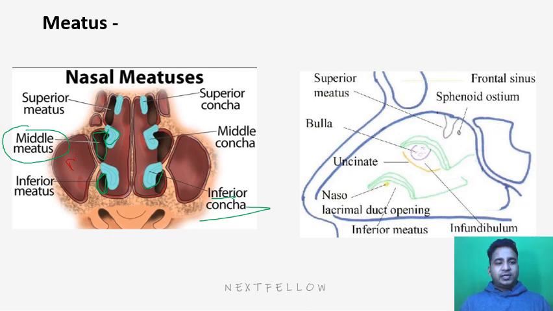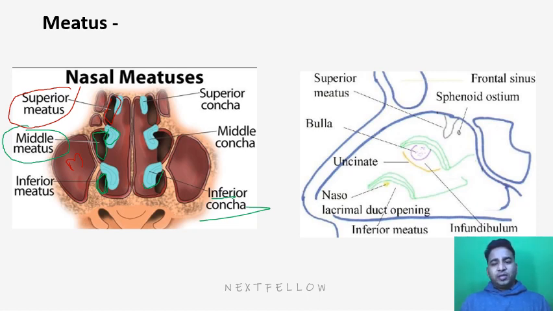So this is the maxillary sinus. Then comes the anterior ethmoidal sinus and frontal sinus. So the middle meatus is very important. It is a meatal part which has the opening of the anterior group of sinuses. And then comes the superior meatus, which is the above one. I hope this is clear.